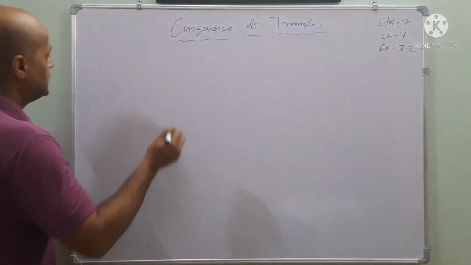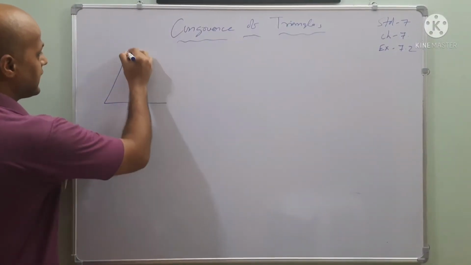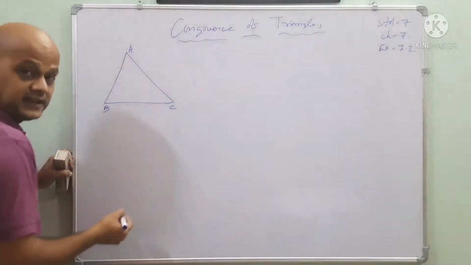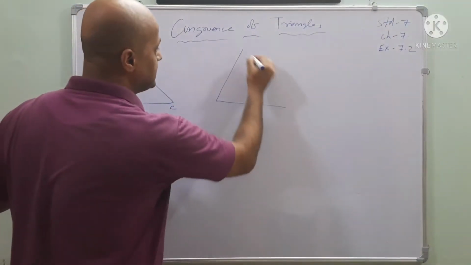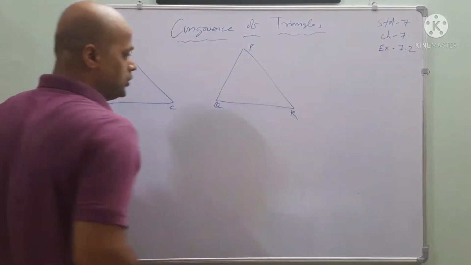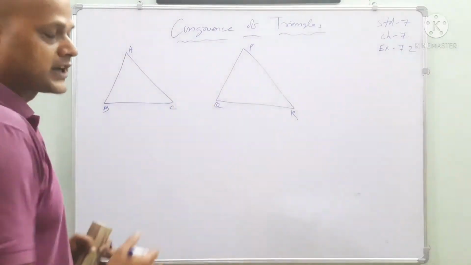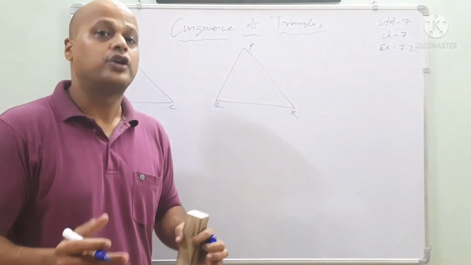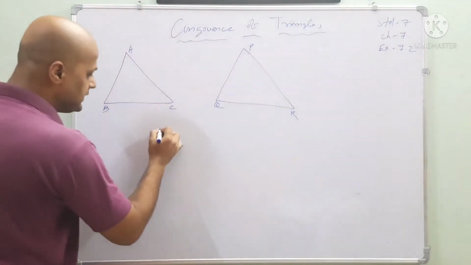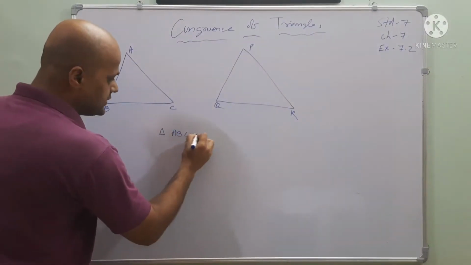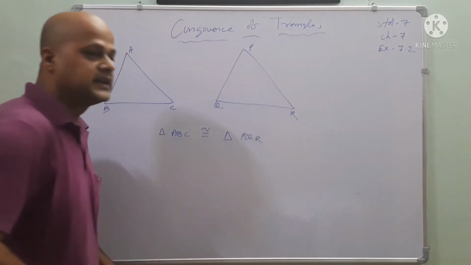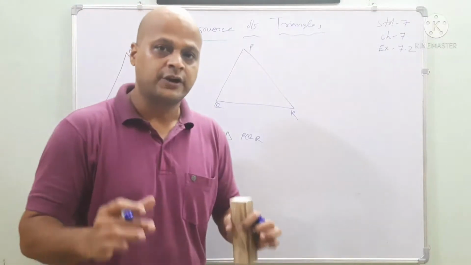Let's take the example of two triangles: A, B, C, and another one P, Q, R. To say that triangle ABC is congruent with triangle PQR means they follow certain rules.